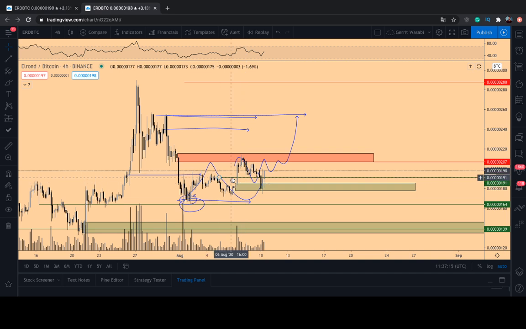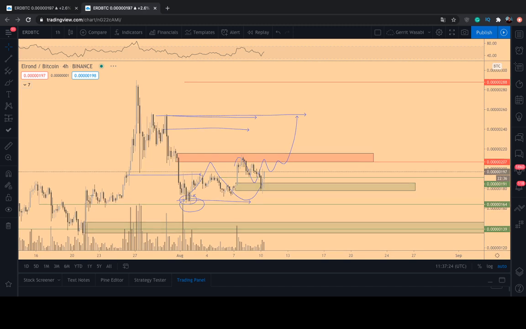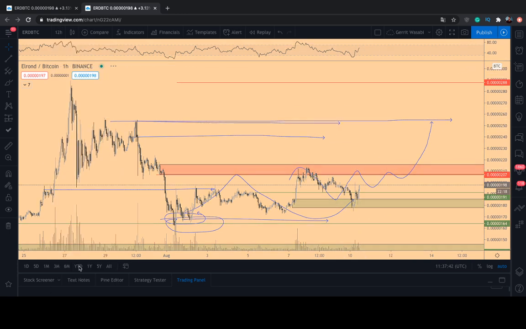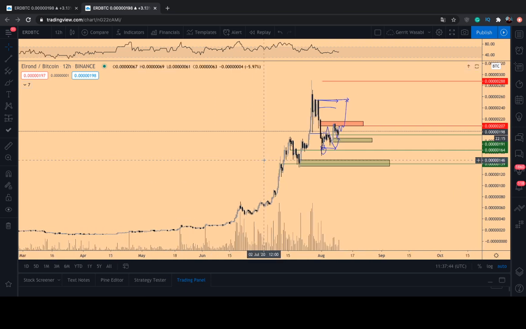It could not sustain support at 190 sats, so it started to drop towards the 181 sats level. Essentially what you now want to see is that the previous low, which in this case is the level between 189 to 190 sats, flipped to support. So then we can see a further continuation. Then we are targeting 212, and then the next resistance zone would most likely bring us towards 240 to 260 sats, which essentially would be a new rally and a new strength on Elrond in this bull market as we are having right now.